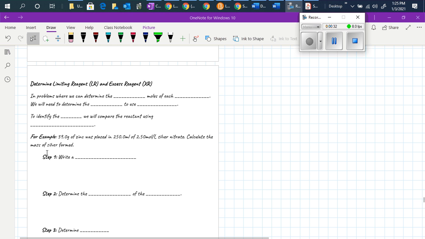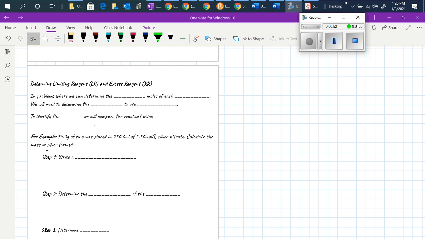There are problems in chemistry where you will have to define the number of moles that are participating in the reaction. In some reactions, some of the compounds are in excess and some are limited.